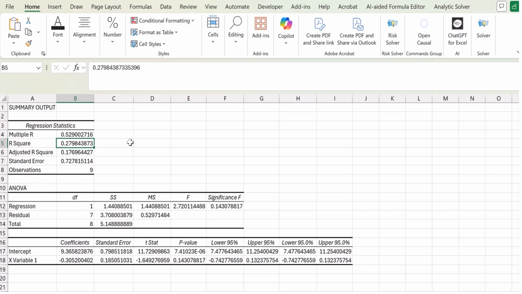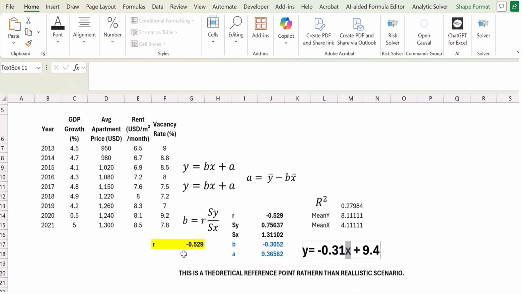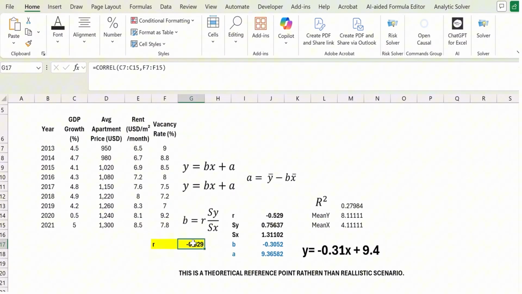So, conclusion in summary, our regression analysis reveals a moderate negative correlation between GDP growth and vacancy rates. But the relationship is not statistically significant with this sample.